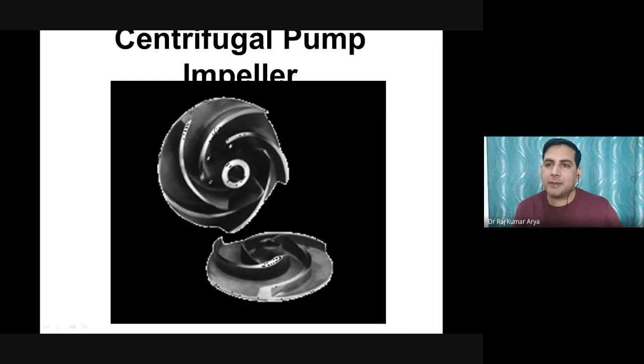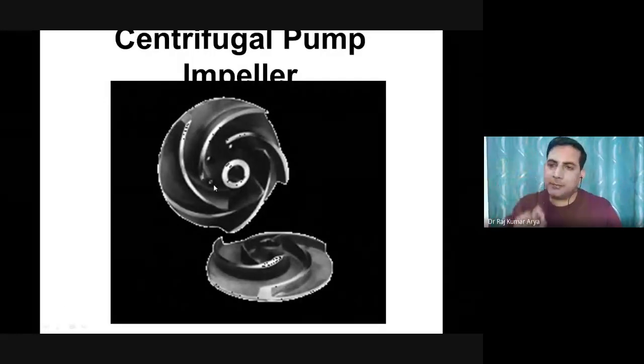So what happens here? Whenever this pump impeller moves at a high speed, you have a very low pressure at the impeller eye because the velocity is high. In case the pressure becomes lower than the vapor pressure of the main fluid being pumped, some amount of it is converted into vapor.